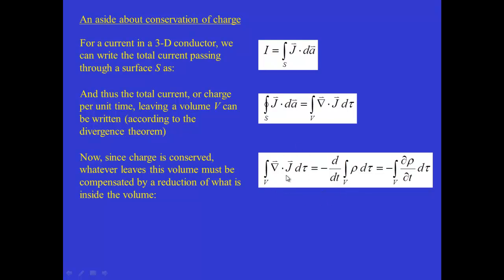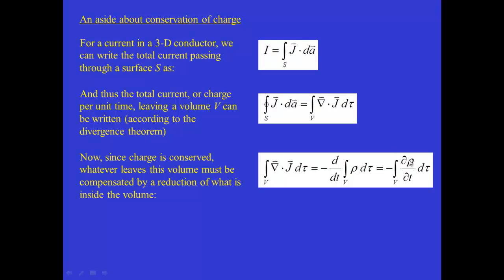On the left-hand side, we have the flow of charge out, and on the right-hand side, we have the rate of change of the charge that's inside, right? If charge inside is leaving, then that's what the current represents. And the minus sign, of course, is there because the charge that's inside that region must be going down if it's flowing out.